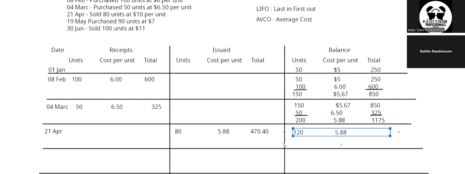That is how you do average cost. Every time you purchase goods, you calculate a new average cost by taking a total cost and dividing it by your total units. So May the 19th, I'm purchasing more goods.